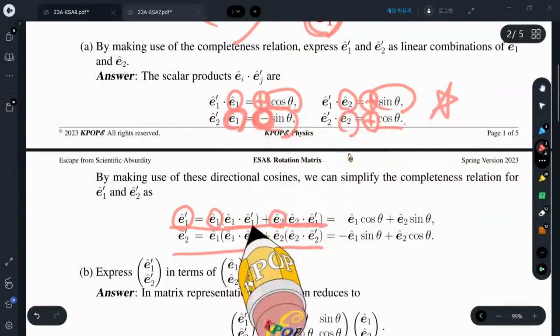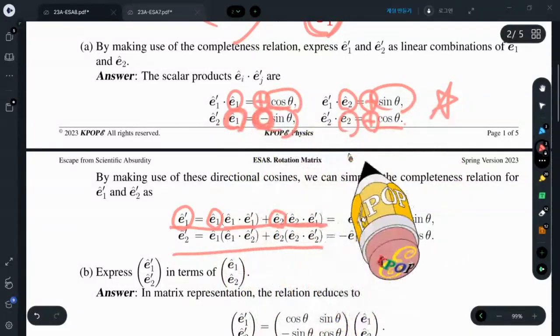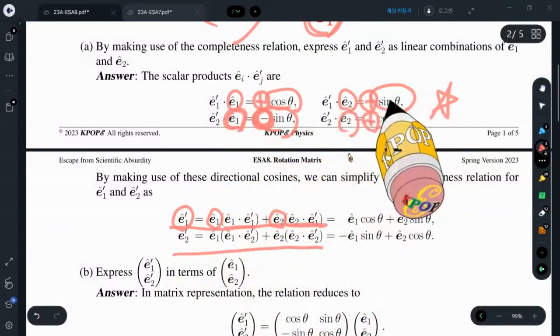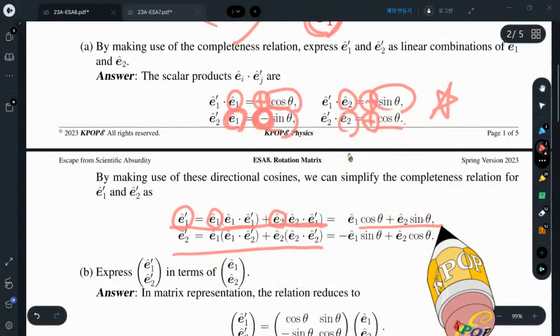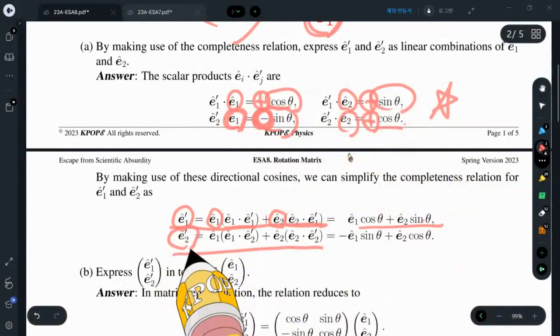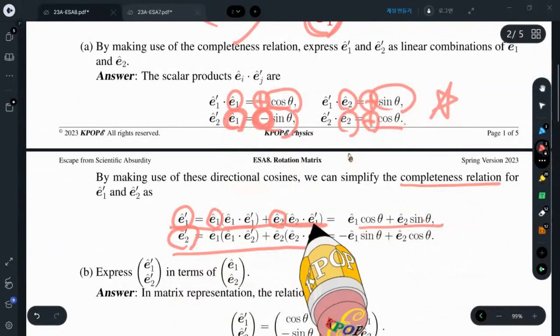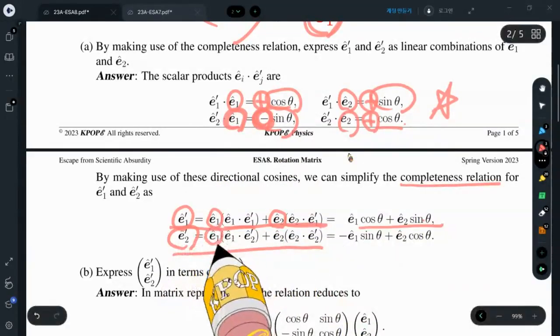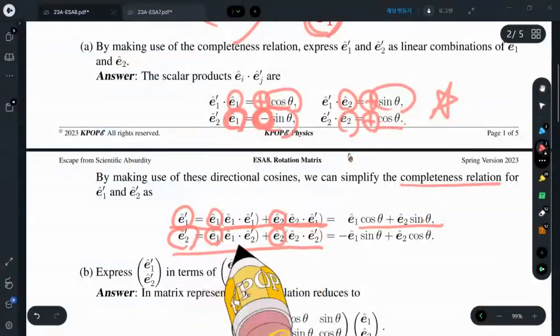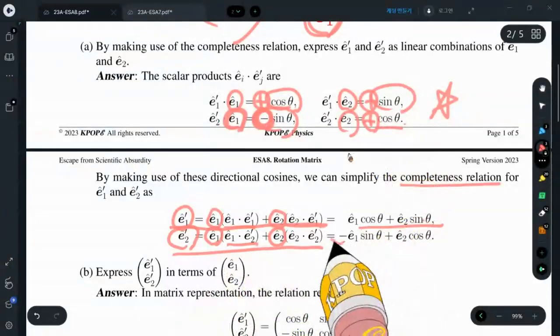Substituting them, E1 prime has cosine theta for E1 and sine theta for E2. In a similar manner, E2 prime can be expanded by making use of the completeness relation. I can make a linear combination of E1 and E2. Coefficients are copied. So now we have a negative sign.